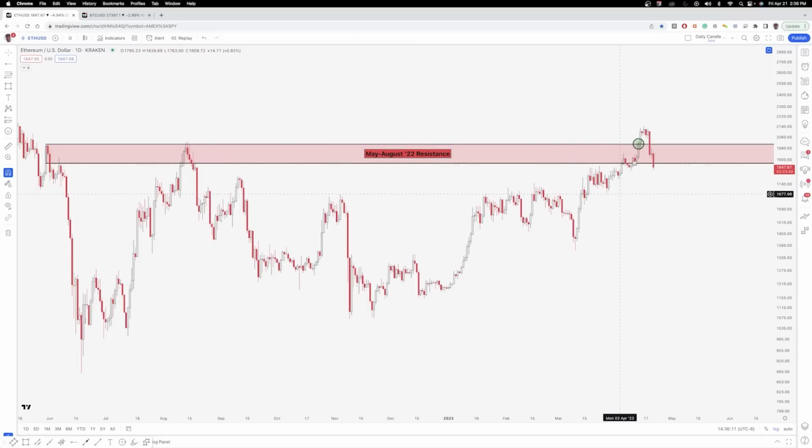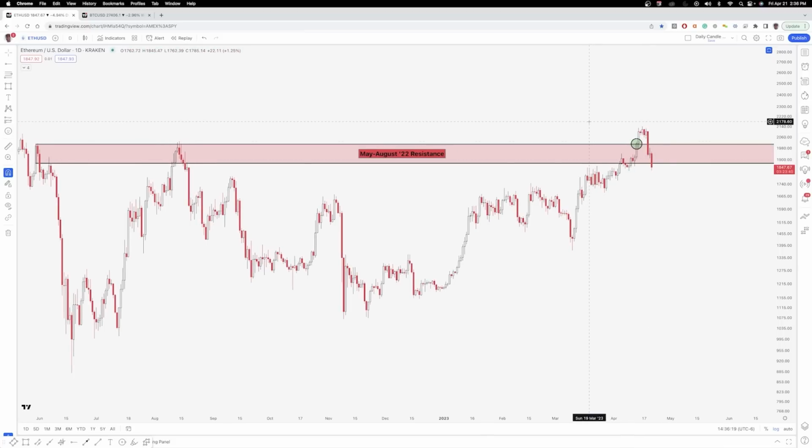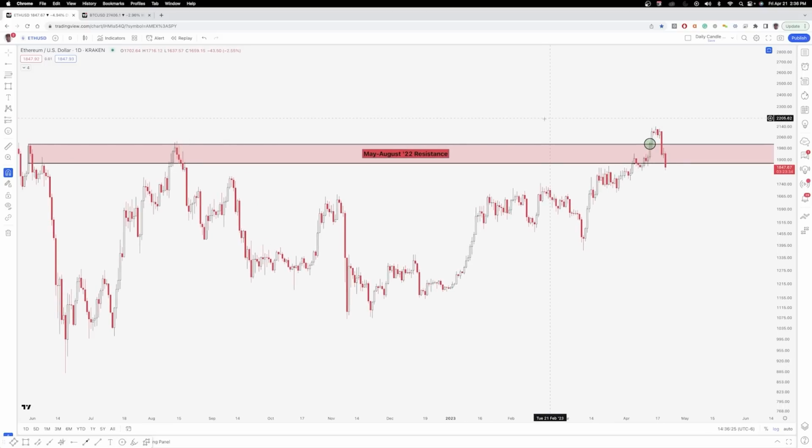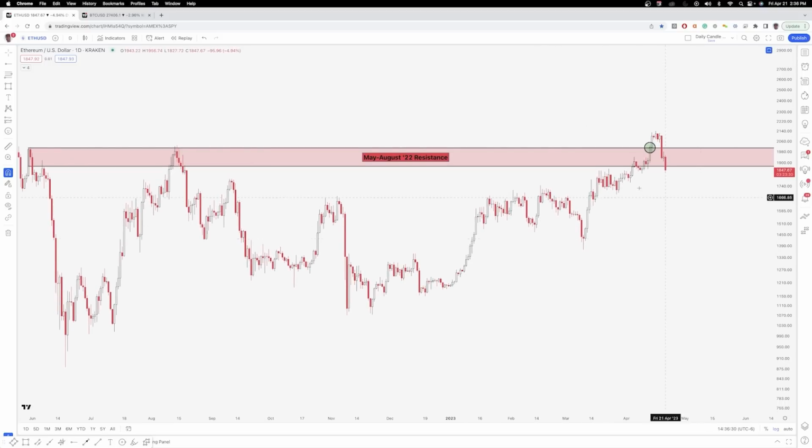As I mentioned, crypto does not respect levels perfectly. So it does get a little hairy getting accuracy with crypto when you do have some of these crazy scam wicks that happen in the markets, especially on Friday nights, Saturday nights, when there's not a lot of market participants in play. So for now, SR flip, we are starting to break down. So that's something to consider.